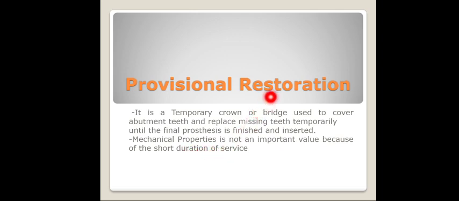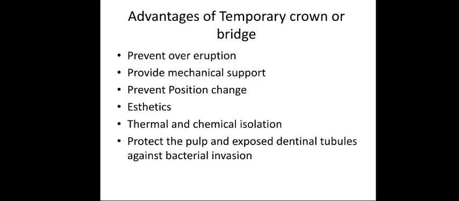The temporary restoration can be made by a material that is easily constructed, and good or strong mechanical properties are not needed because it is a temporary material used for a week or 2 weeks.